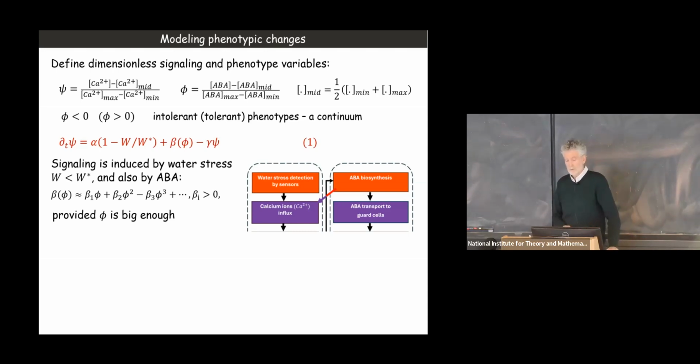The concentration of calcium ion is also increased by ABA. This is the positive feedback that I just discussed. We write it as some function beta of phi. We don't know that function. We expand it in Taylor series, going up to third order, choosing the cubic term to be negative to truncate at that order.